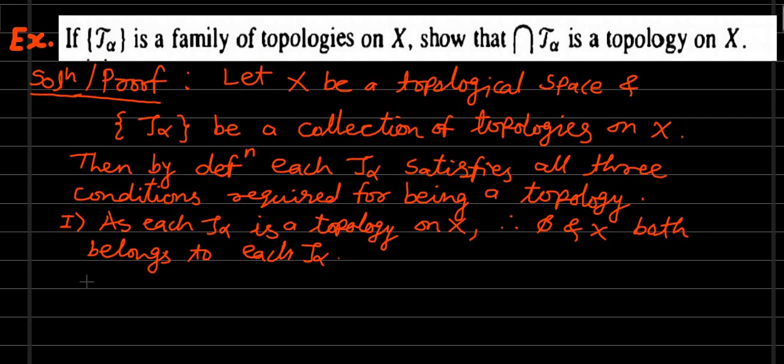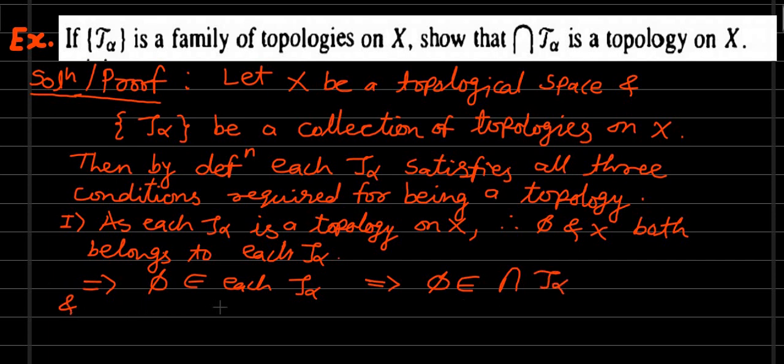Now what does this mean? This implies that phi belongs to each T_alpha, and as phi belongs to each T_alpha, this implies that phi also belongs to the intersection of T_alpha.